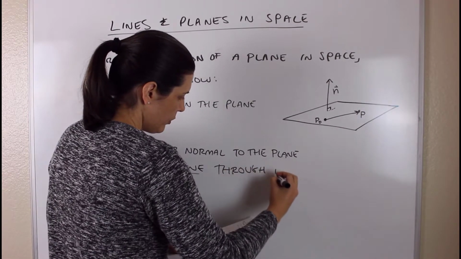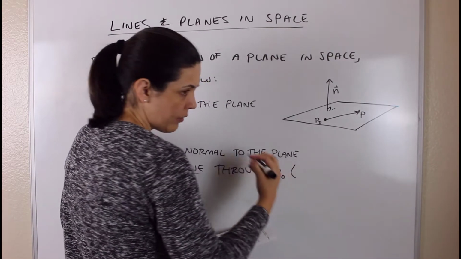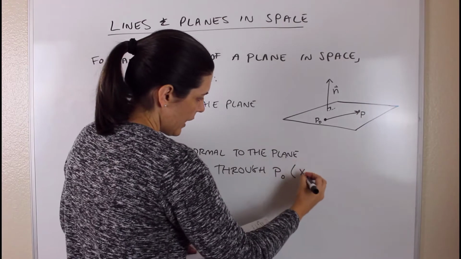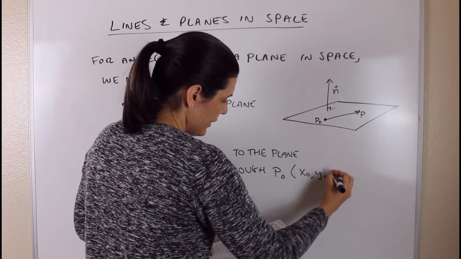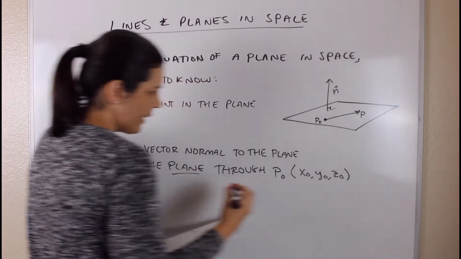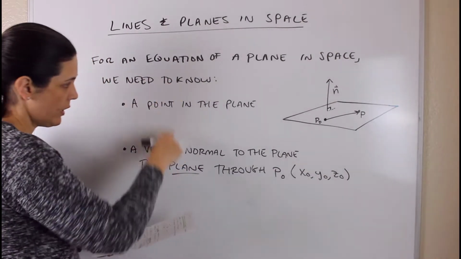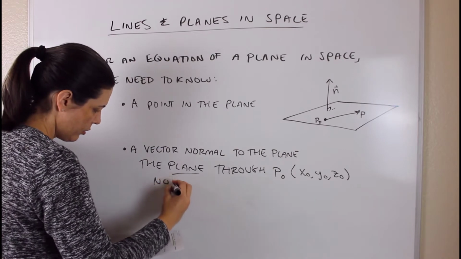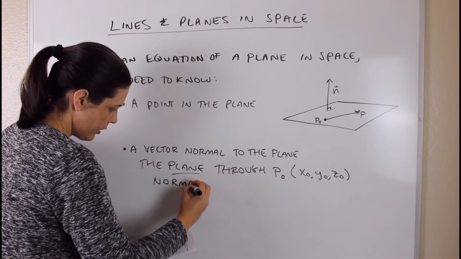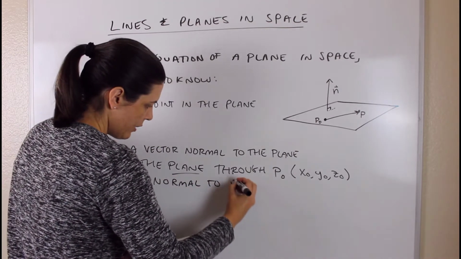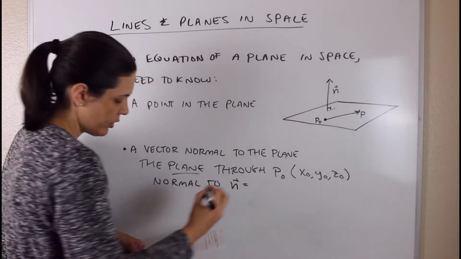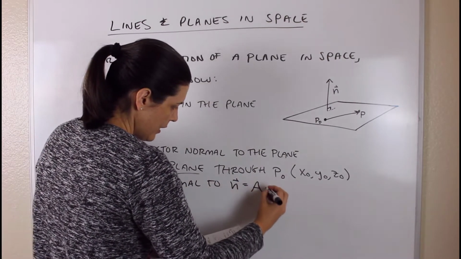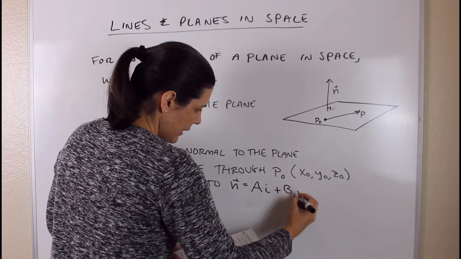So through P naught, which has coordinates x naught, y naught, z naught, and that's one of the two things you needed. And then normal or perpendicular to n, which we're going to say n is the vector with components a, b, c.